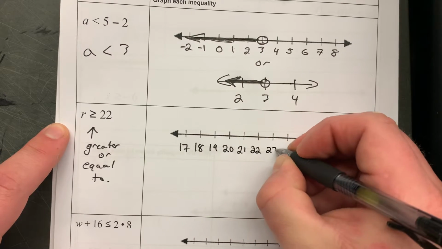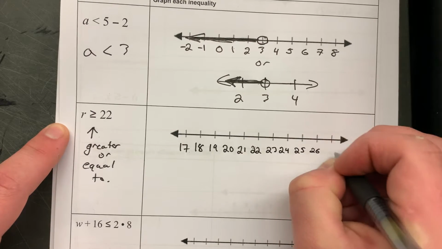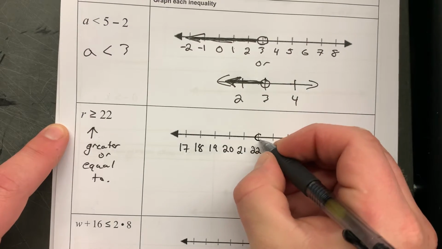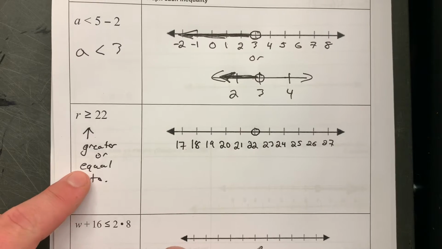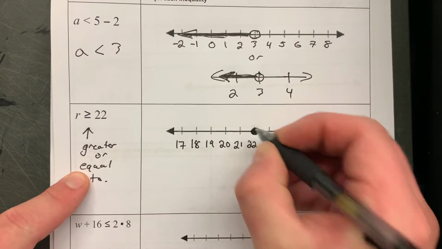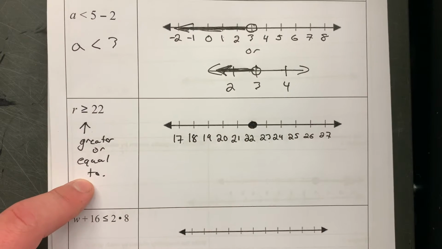Just give me one moment and I'll show you what that is like. Again, I'm putting it at my value. Instead of having an open circle, because it's greater than or equal to, when I have that line underneath, I know that it needs to be a closed circle. Okay? Whenever we see this line underneath, it needs to be a closed circle.